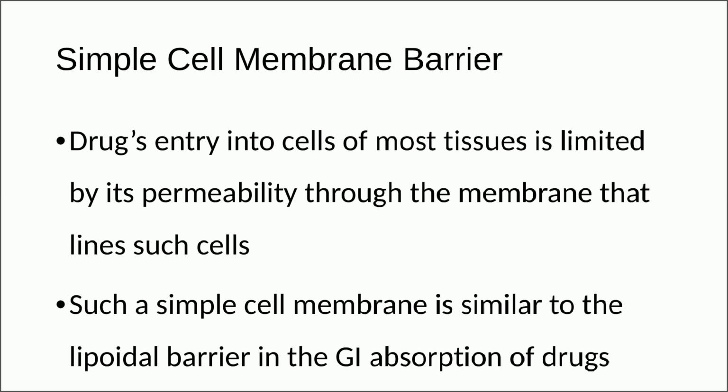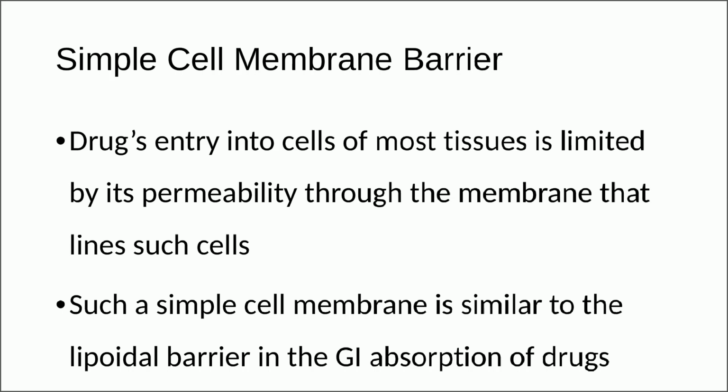The next is simple cell membrane barrier. Drug entry into cells of most tissues is limited by its permeability through the membrane that lines such cells. The outermost lining of the cell is called cell membrane.